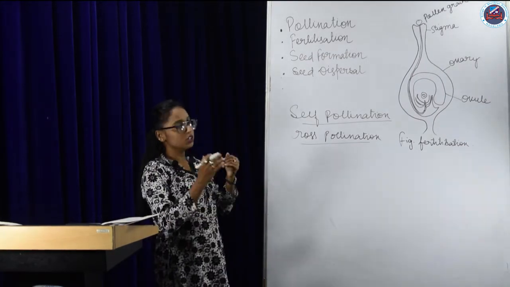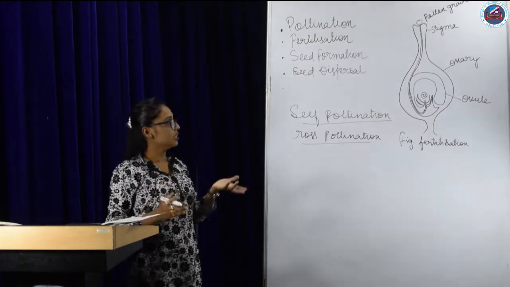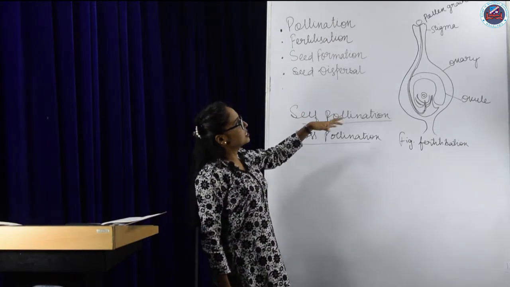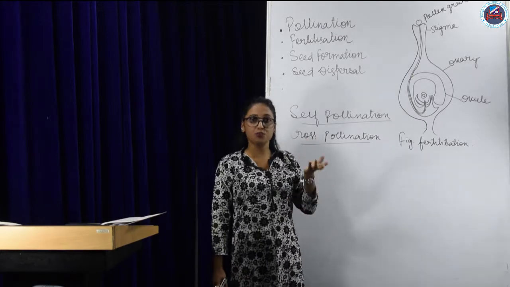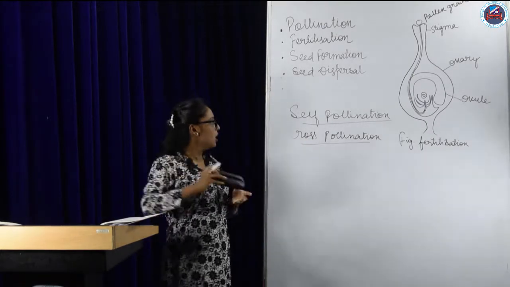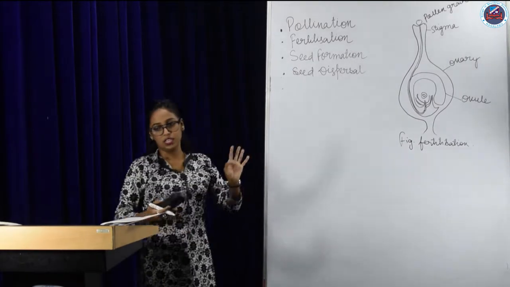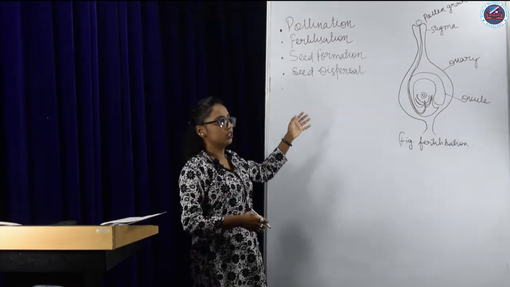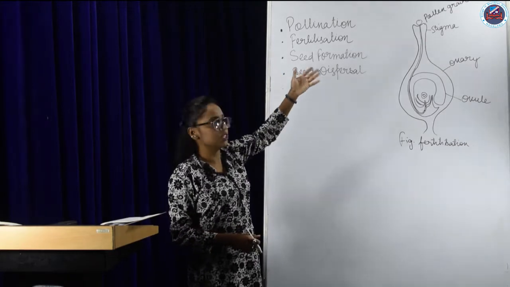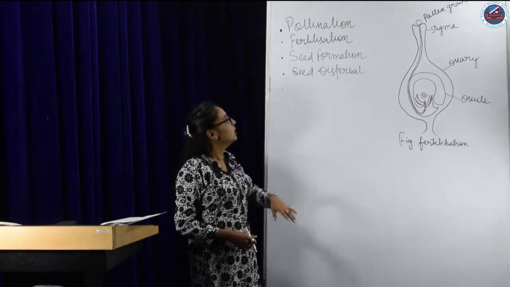Now, pollination is done. Pollination means what? The transfer of pollen grains from the male anther to the female stigma. Now, what happens after pollination? The pollen got attached to the stigma of the female part.